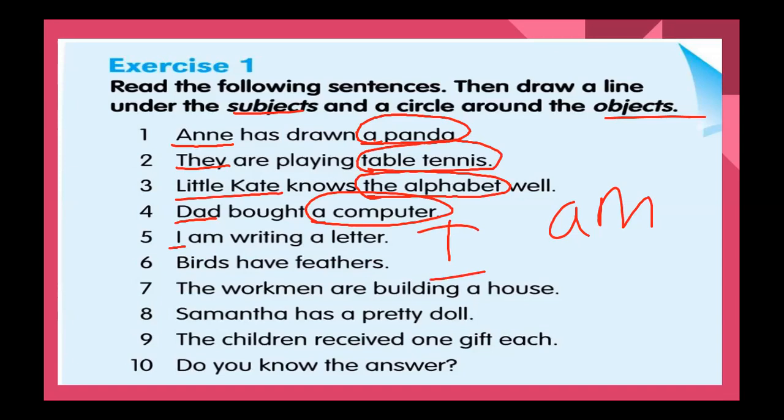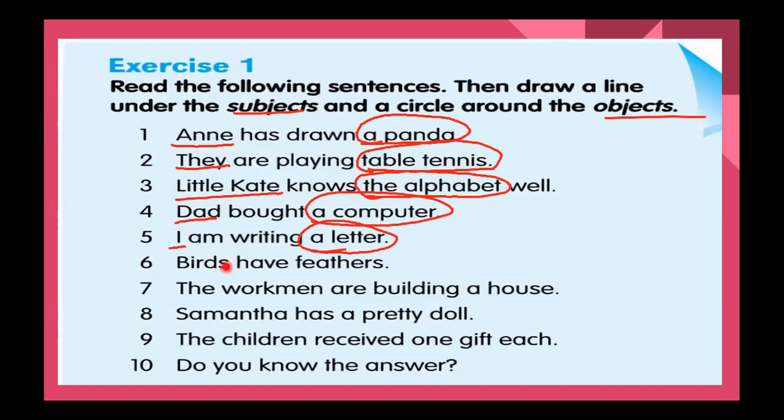Am is a helping verb and I अलग है, pronoun है. So I subject होगा and a letter is the object. Just I, not am. Am writing is the verb over here.